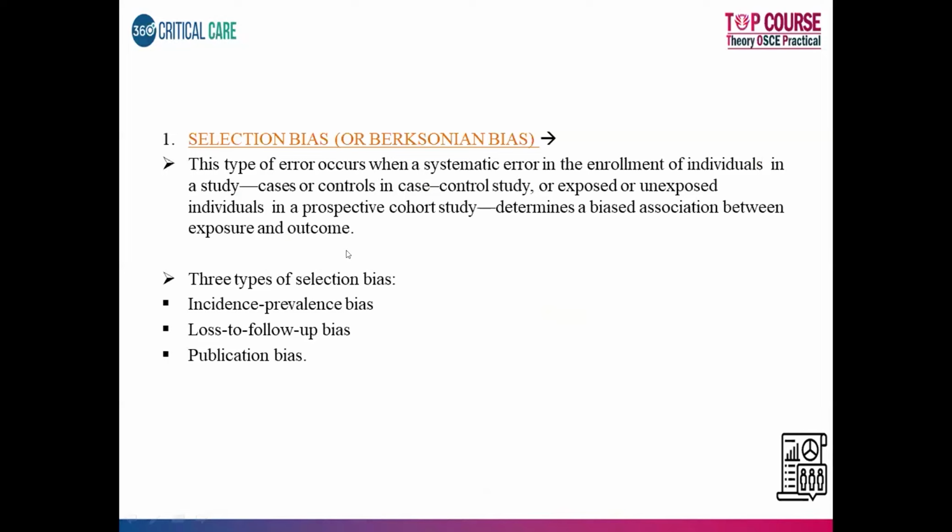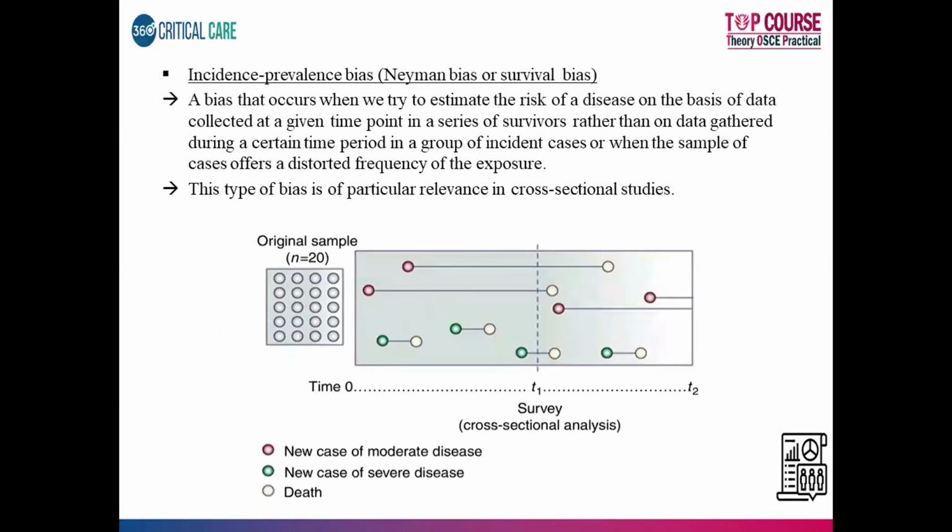So you have three types of bias in selection bias: one is the incidence prevalence bias, one is the loss to follow-up bias, and the publication bias. Coming to the incidence prevalence bias, also known as Neyman bias or survival bias. These are all short note questions which are expected. So the selection bias is one of the important biases that you need to know.